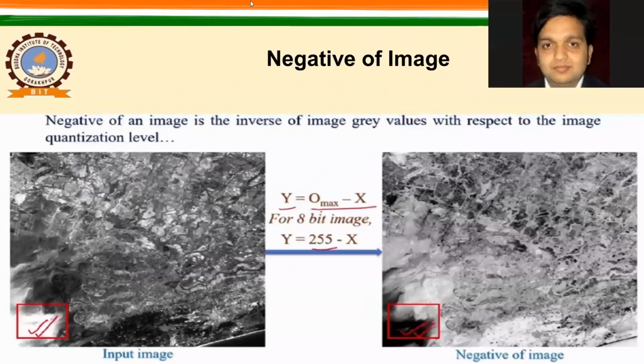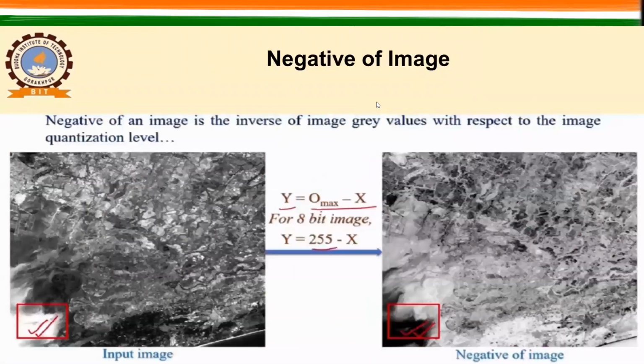So let's go to this slide and go through the points on what you understand by the negative of the image. All these are different methods of how we play with the digital number. So the negative of an image is basically the inverse of the image gray values with respect to the image quantization level.